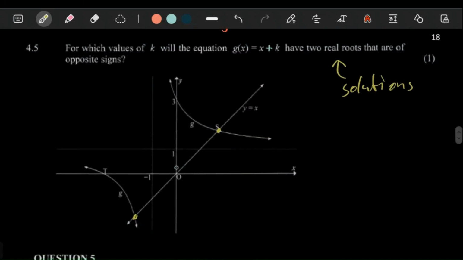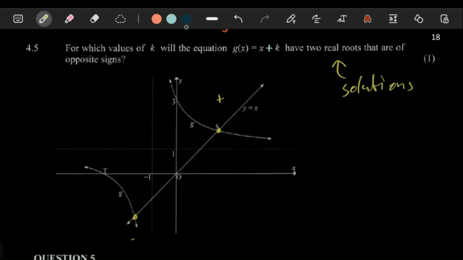Now, the signs of these solutions, you look at the x values. So if you look at this x value here, the x value here is a plus, the x value here is a minus. So if they say, for which values of k will this equation have two roots that are of opposite signs, you have to look at it in this way.